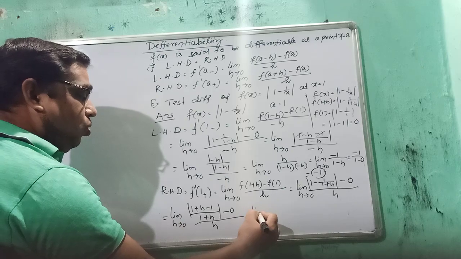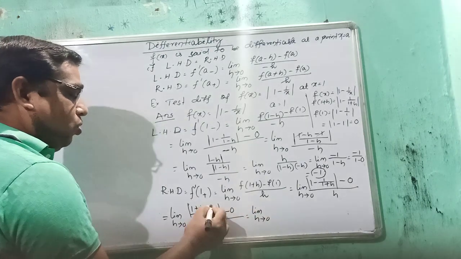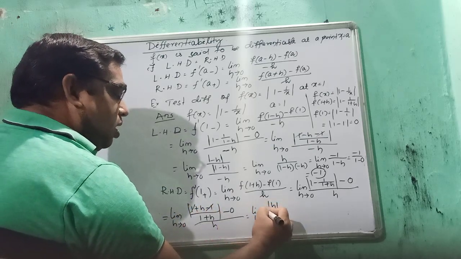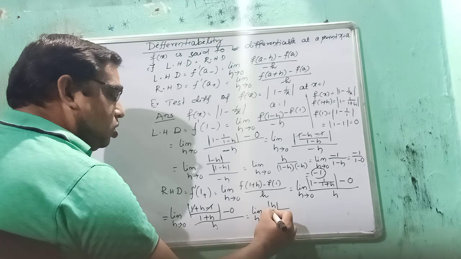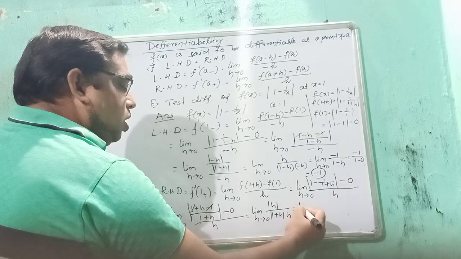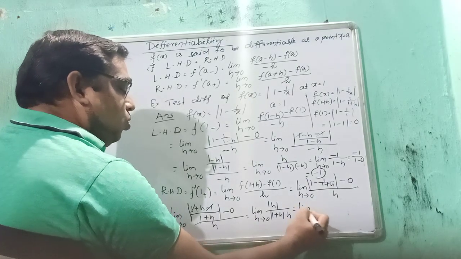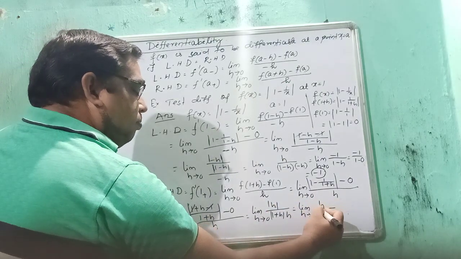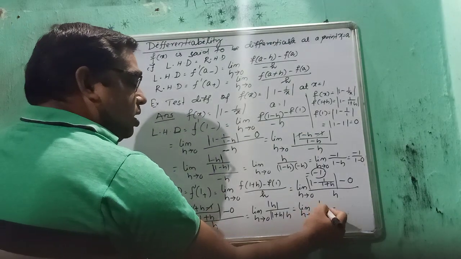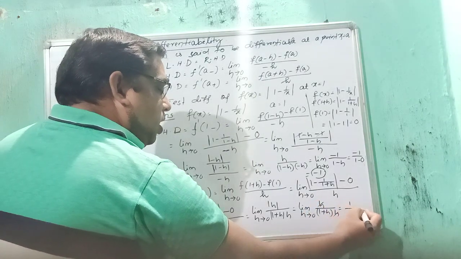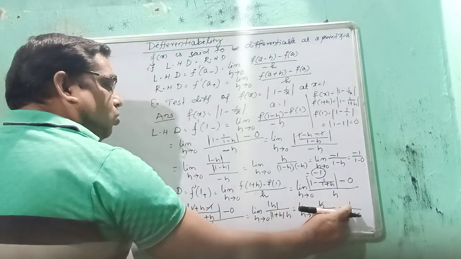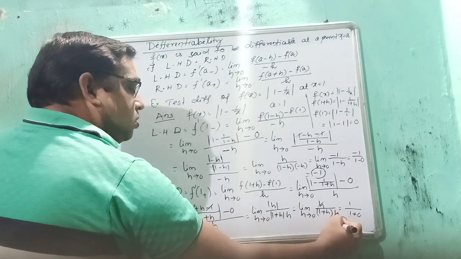Minus 1 and 1 cancel. Again it is modulus of h by modulus of 1 plus h, into h. Modulus of h is h, so h by (1 plus h) into h. Then h and h cancel, giving 1 by 1 plus 0, which is 1.